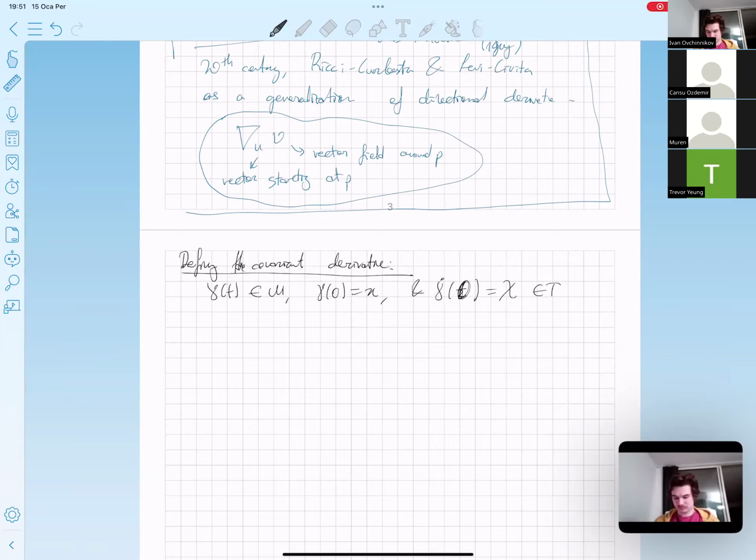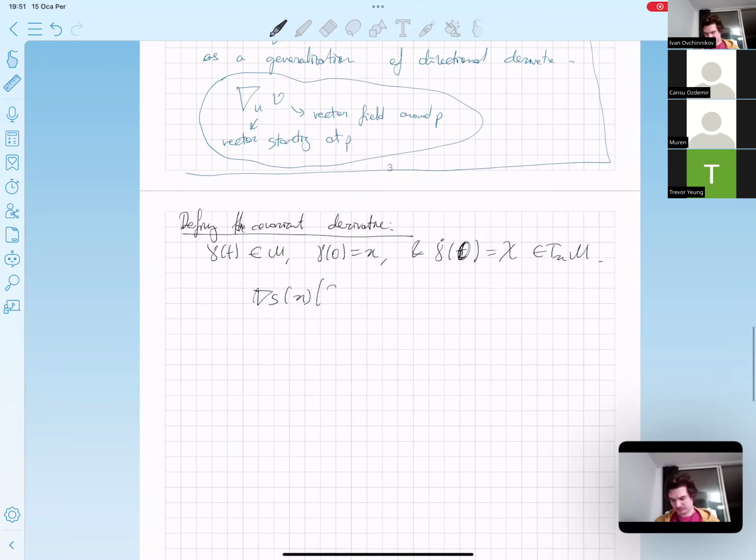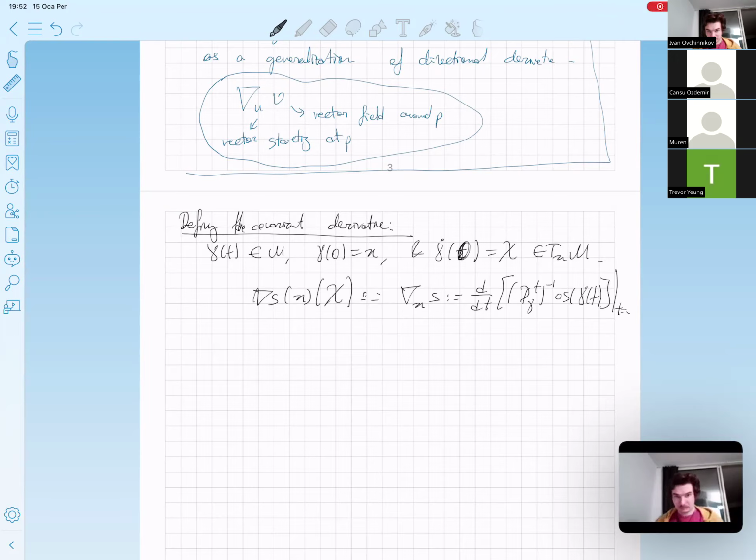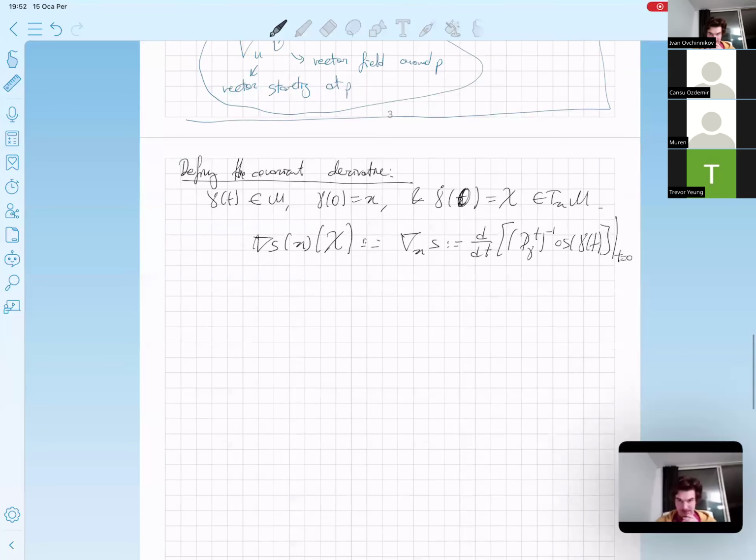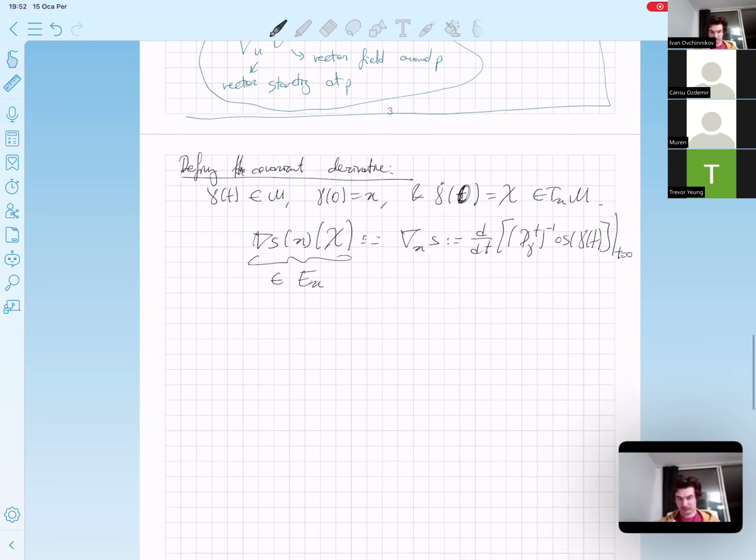So we know these. And then the derivative itself is defined as, so Smx evaluated at big X is just this guy, which is now an element of Ex. So it's all well defined. So we're happy, we're good.